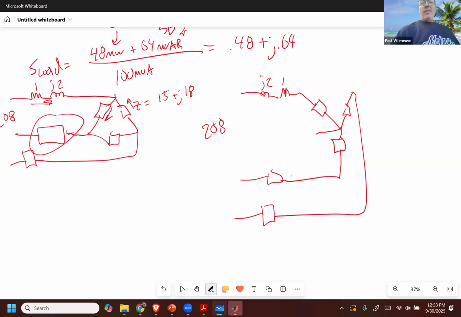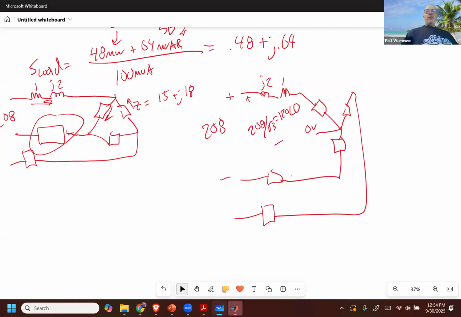Now we know that this is 0 volts, reference to ground. The voltage across these was 208, so the actual voltage from here to neutral was 208 divided by the square root of 3, or 120 at an angle of 0.